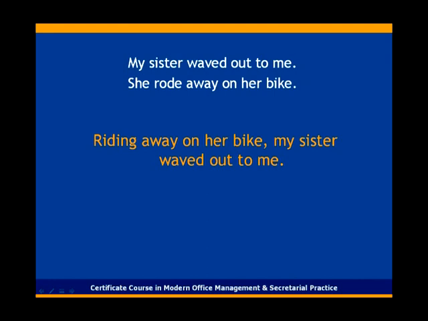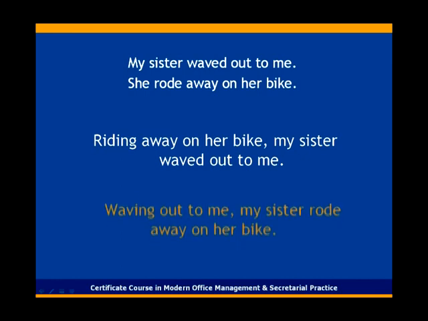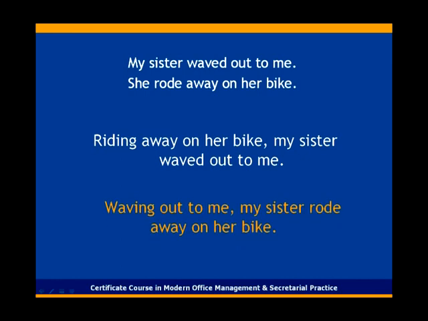You could also have said, waving out to me, my sister rode away on her bike. You may have realized by now that placing the present participle in the beginning or in the middle of a sentence does not really change the meaning of the sentence.